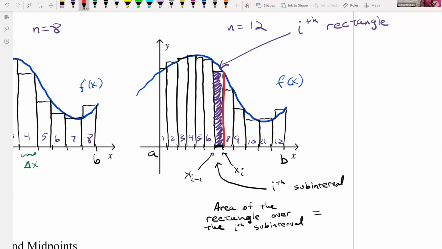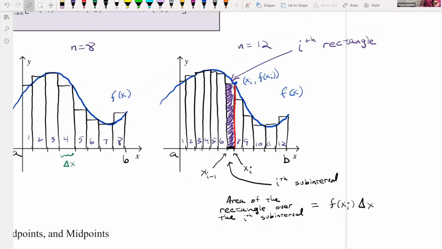Well, that takes us to a point right here, where x sub i is the x value, and f of x sub i is the y value. And so that red length is f of x sub i. So we're going to have the height f of x sub i times the width, which we've already talked about, is delta x. So that's the area of the rectangle over the ith subinterval.